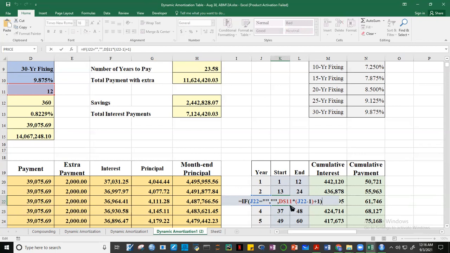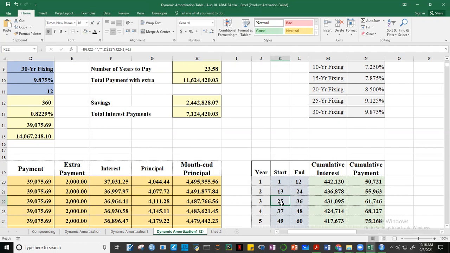So 12 times 3 minus 1, right? That's 2 times 12, that's 24. And then plus 1. So that's 24 plus 1, this becomes 25. We just add one to the previous month.